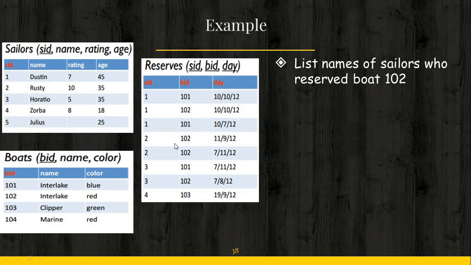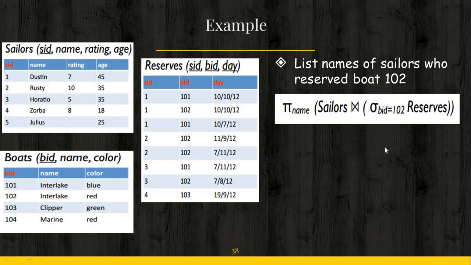Again, 102 is reserved by SID 2, and SID 2 is Rusty. Similarly, 102 has also been reserved by ID 3, and the name is Horatio. In this way, we can find the answer is Dustin, Rusty, and Horatio from these tables. And this is the relational algebra.